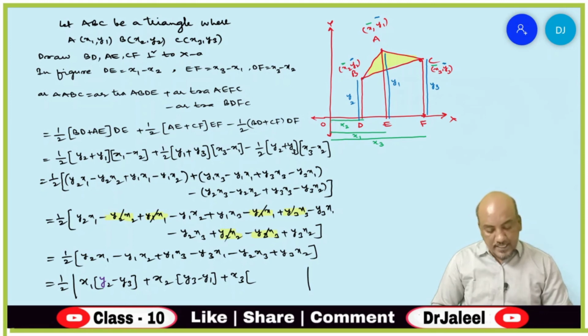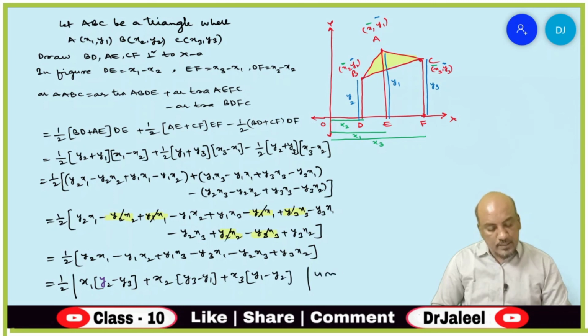So when you take x3 common, where is x3? x3 is here and even here. So when you take x3 common, what is positive first? y1 minus y2. So let's write, when you take x3 common, you will get y1 minus y2. I am writing it here, y1 minus y2.